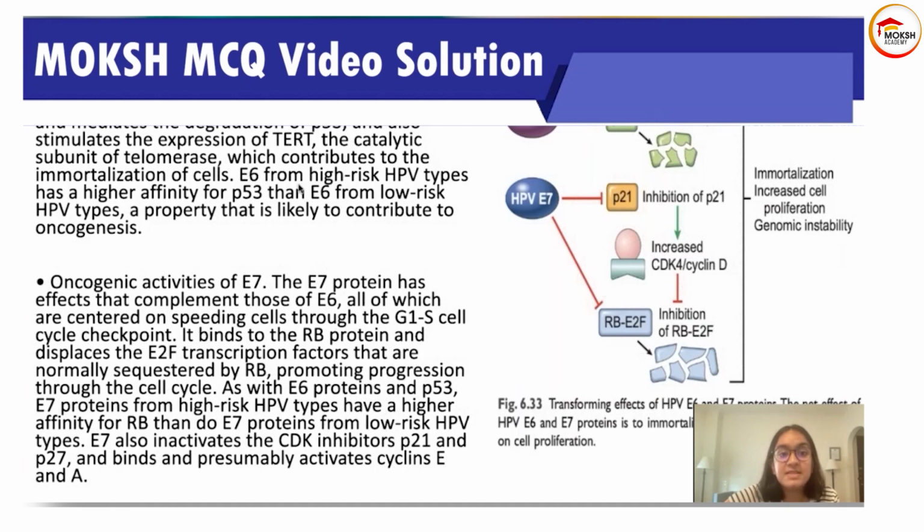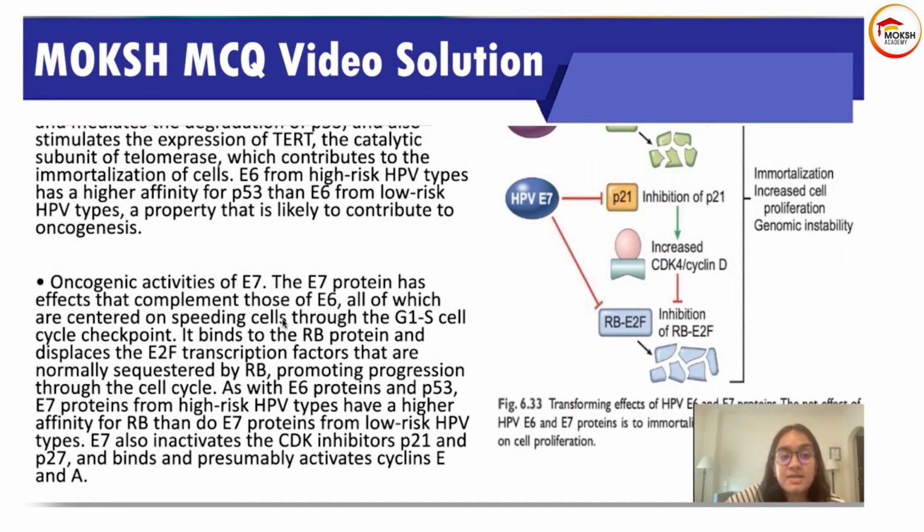There are low risk variants and there are high risk variants. So E6 from high risk HPV types has a higher affinity for P53, and this is what likely contributes to the oncogenesis. E6, you need to remember, inhibits P53.